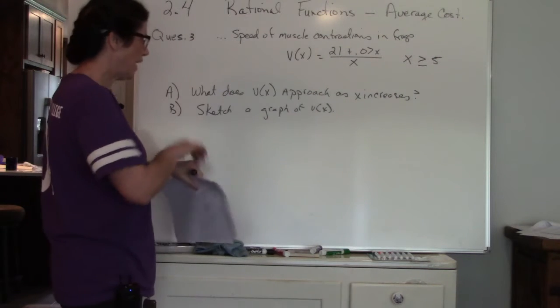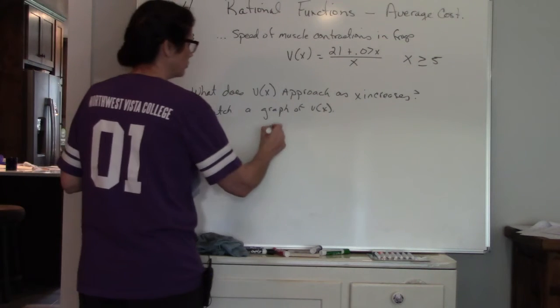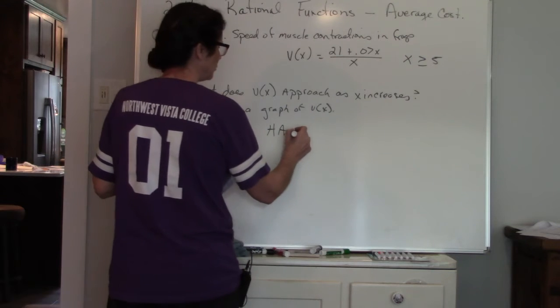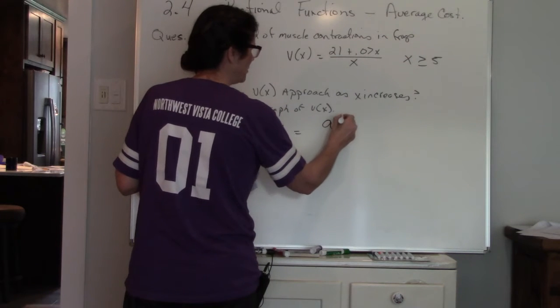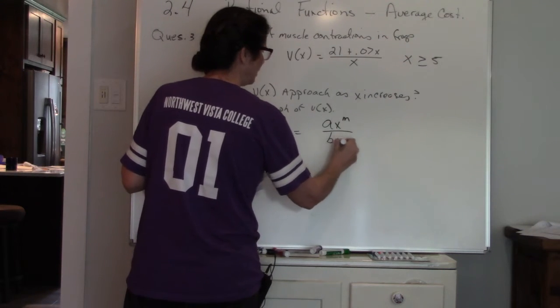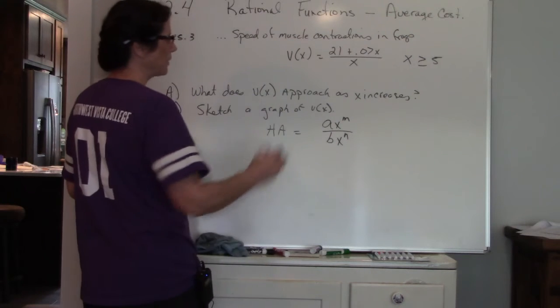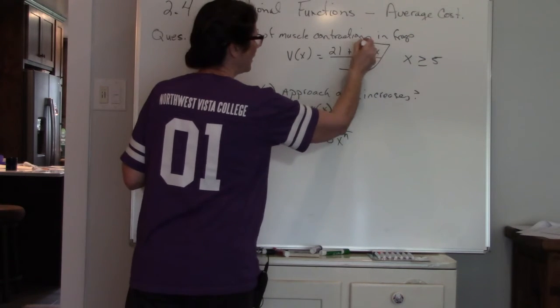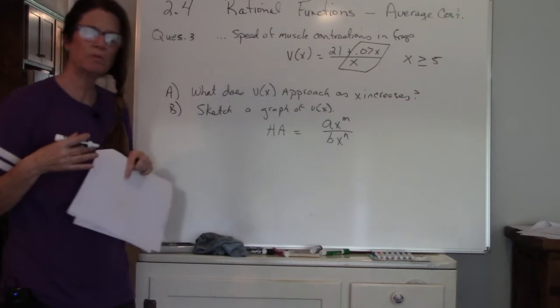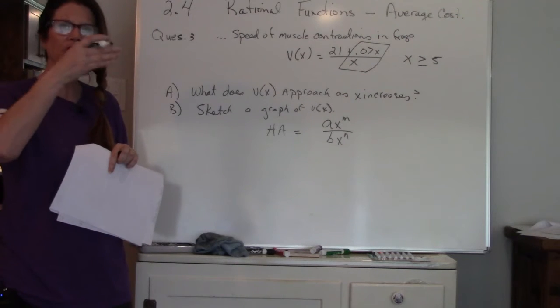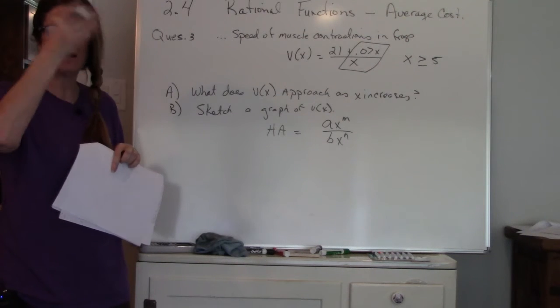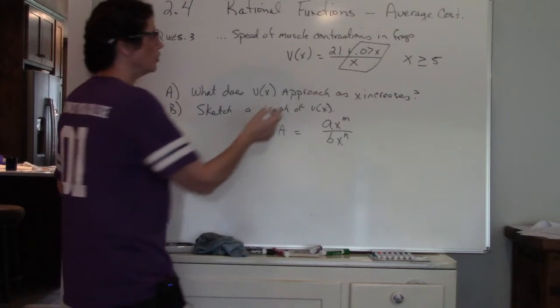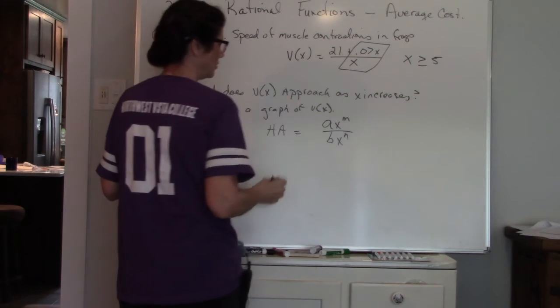So this goes back to those three rules. A horizontal asymptote is always based on the leading exponent. In this case, my leading exponent is right here. I don't have to worry about the 21. It's whatever is my highest exponent. Okay, that's my leading exponent. So I have x to the first, x to the first.